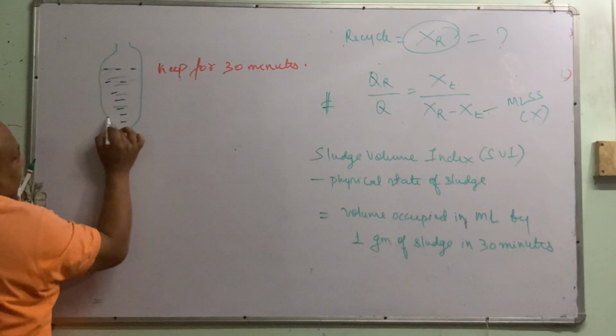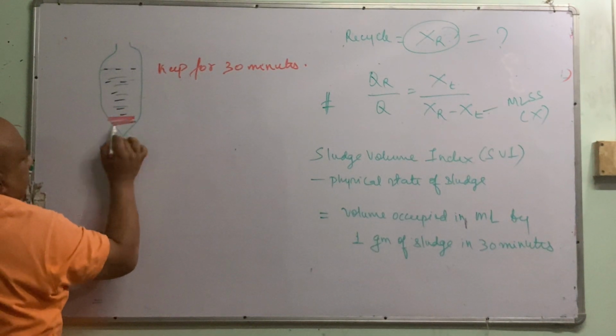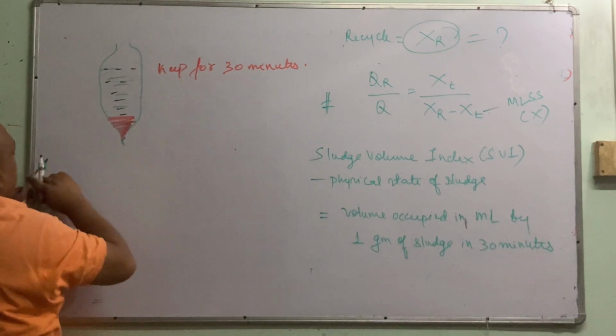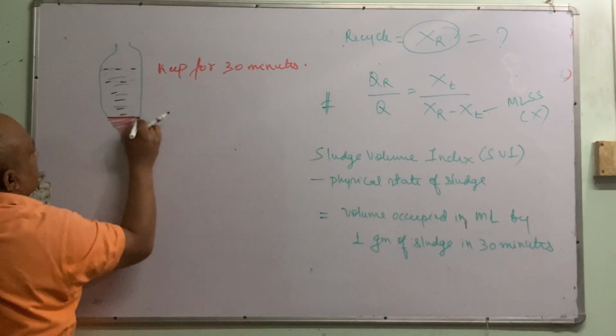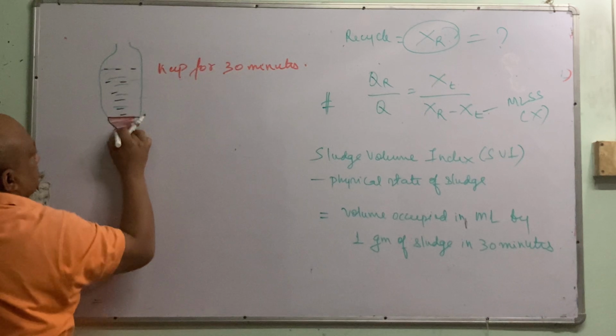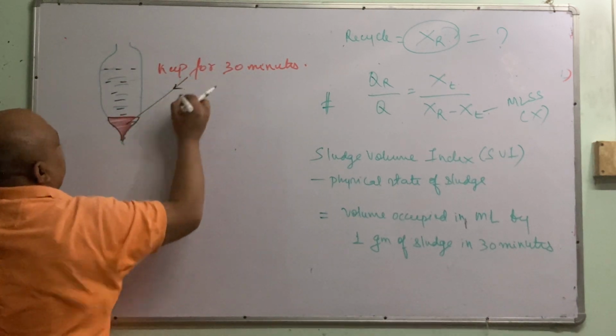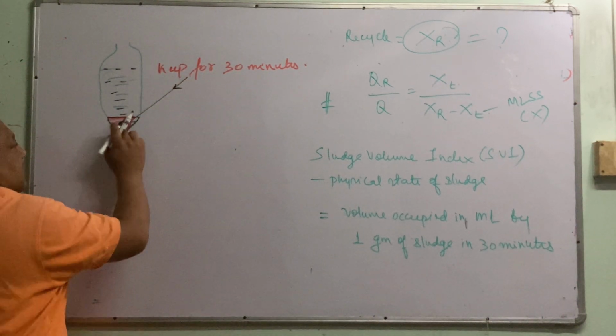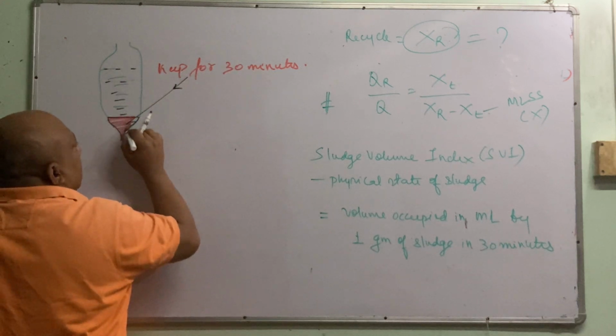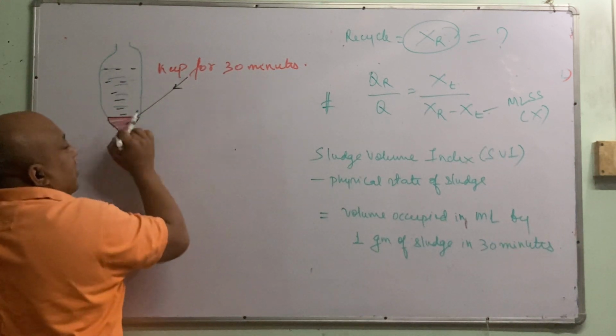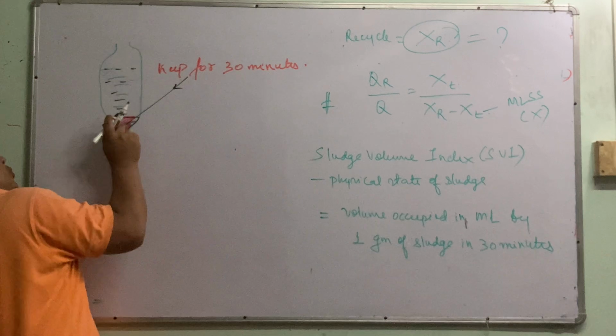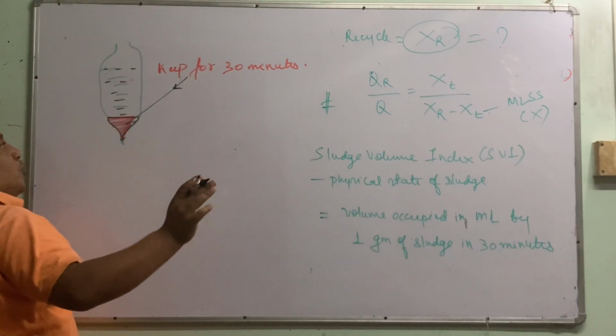Then at the bottom, in 30 minutes, some solids will start to settle down. So the sludge that is settling down in 30 minutes, by 1 gram. But you may ask, how do we know this is 1 gram? I'm going to come to the question.